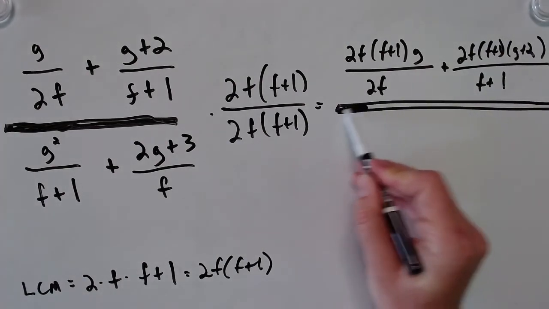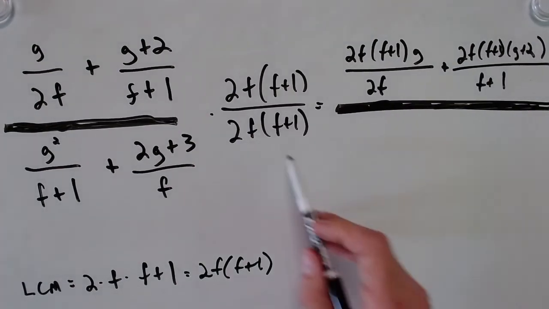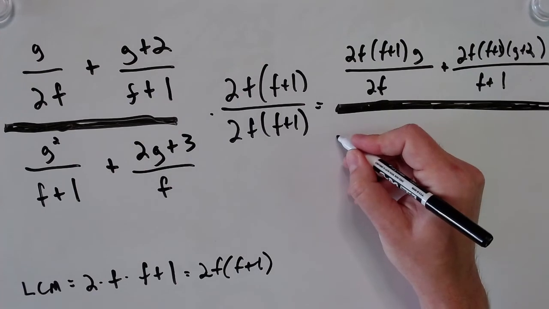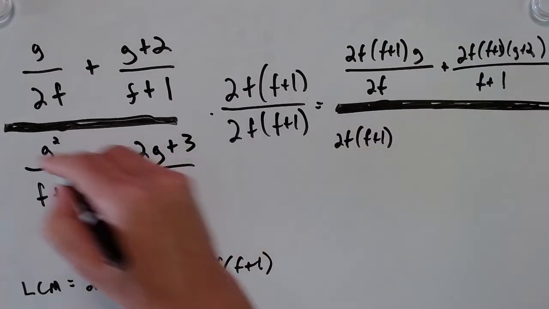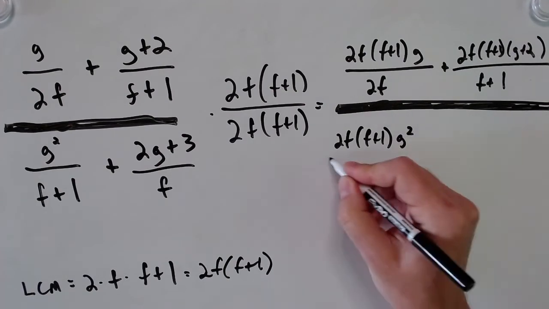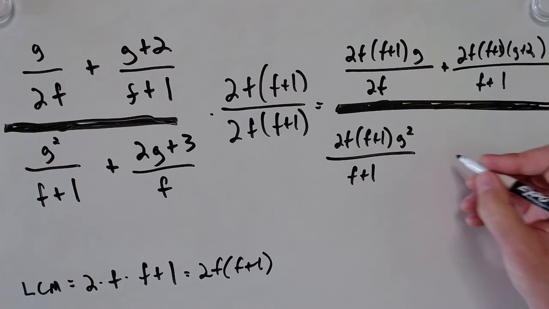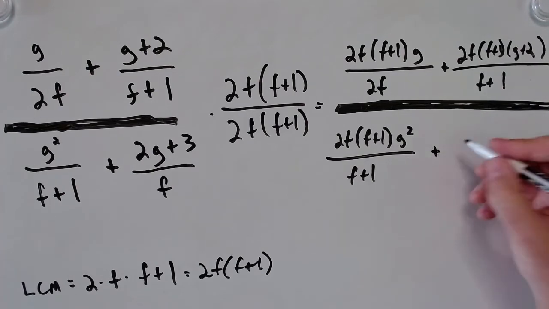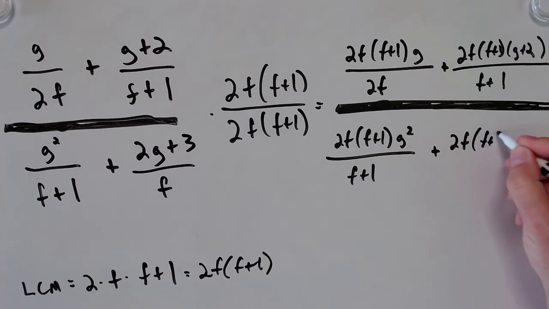Now you have to take 2f times f plus 1 times this numerator, g squared over f plus 1. Again, we're going to have a cancellation of f plus 1s, plus the same thing, 2f times f plus 1 times 2g plus 3, all over f.